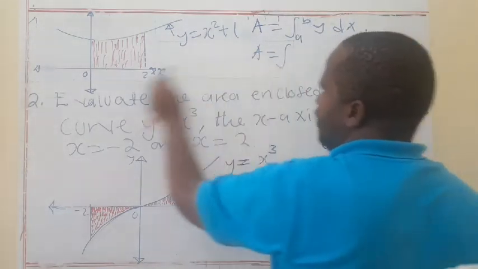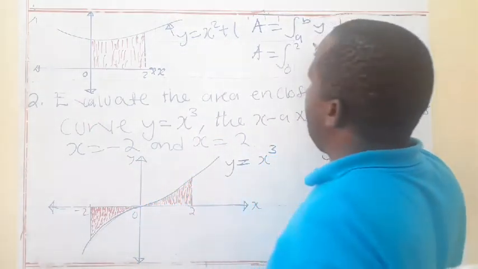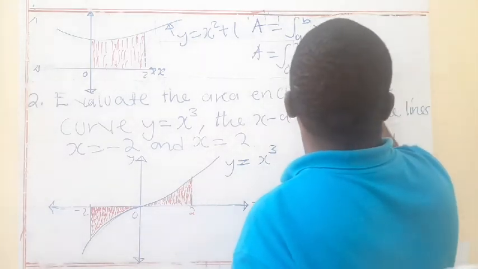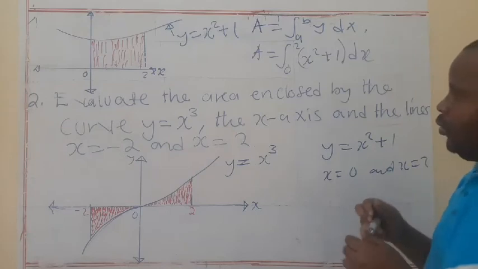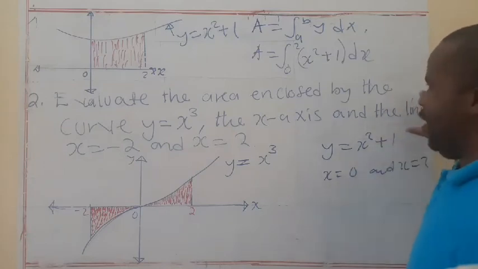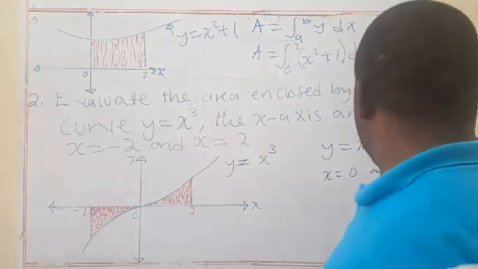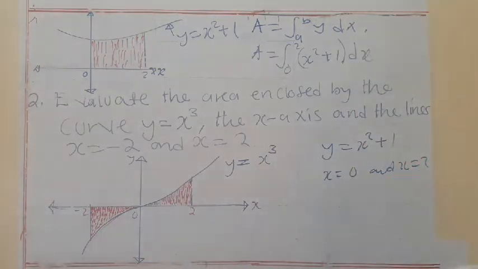It's the lower limit. The lower limit is 0. So we have 0 to 2 of y. What is y? Y is x squared plus 1, with respect to x. So this is what we are going to integrate. I hope I'll be able to copy this part so that I can erase it.